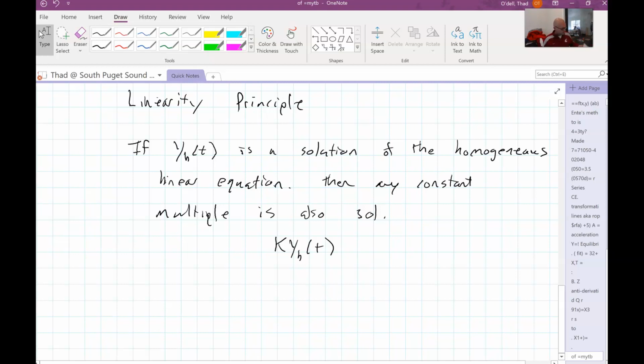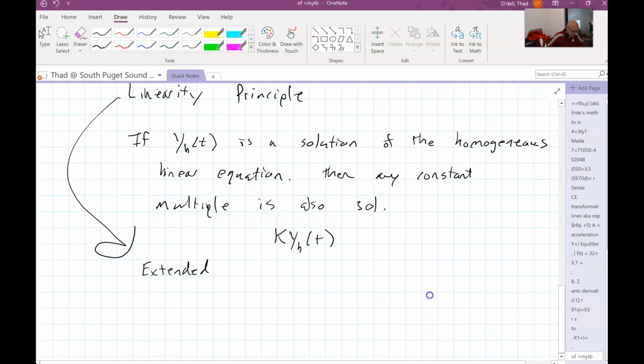Now the second part, the extension of the linearity principle. Linearity principle extended.